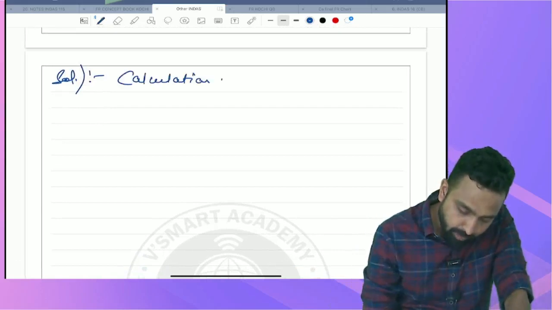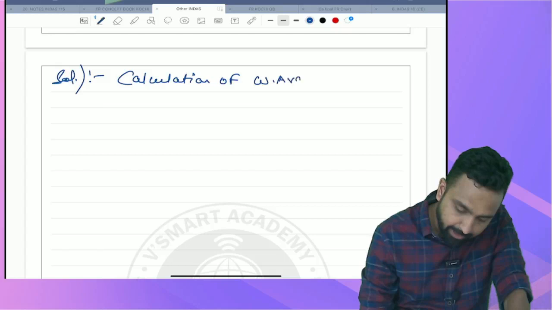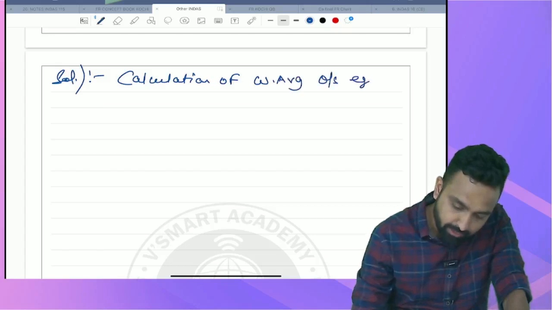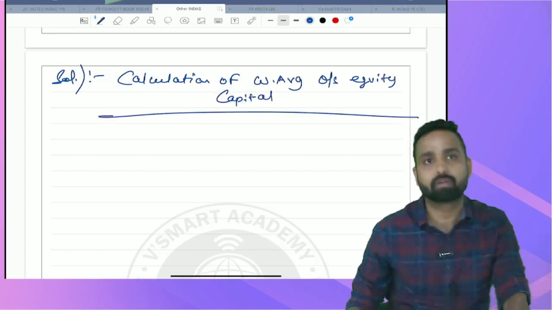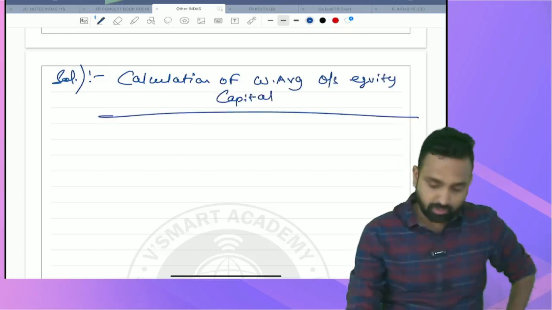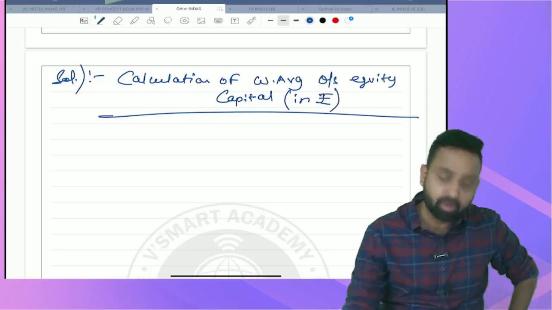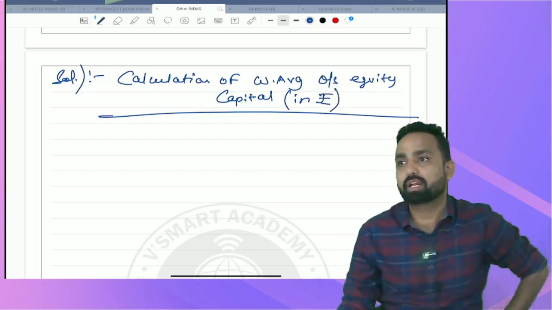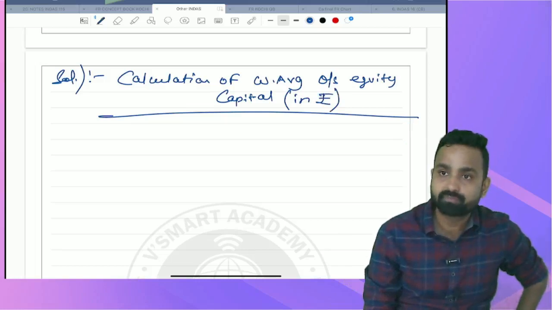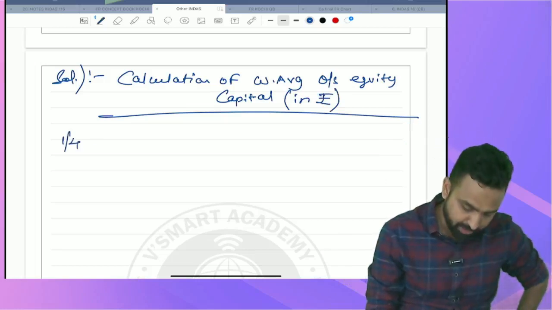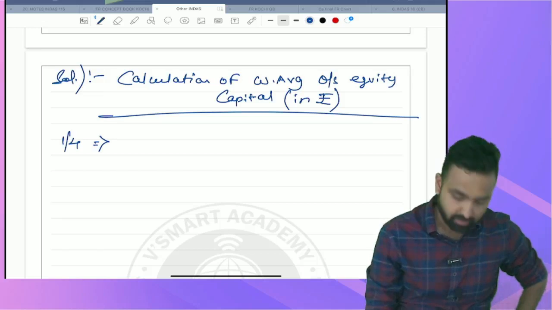Calculation of weighted average outstanding equity capital. Not in numbers, I am calculating in rupees. So please tell me for the first date, it's 1st April. How many shares are there? 90,000.